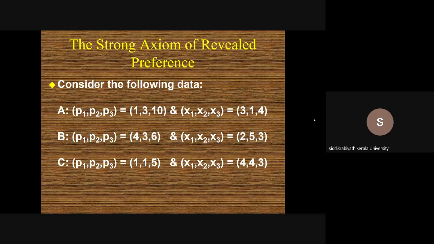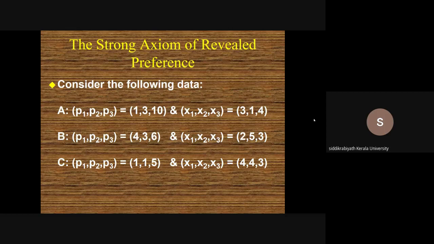But in this particular context, you need at least three elements in the set in order to satisfy this conceptualization. So let's have the same kind of magnitude, and have three prices as well as three commodities.